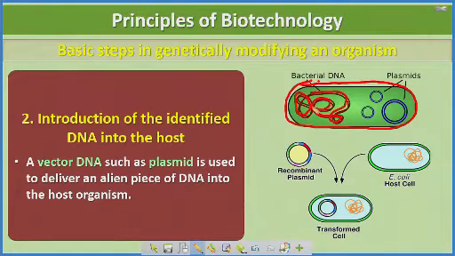In addition to this bacterial DNA, there are small stretches of circular DNA. These small stretches of circular DNA are known as plasmids. These plasmids are used as the vector in biotechnology.